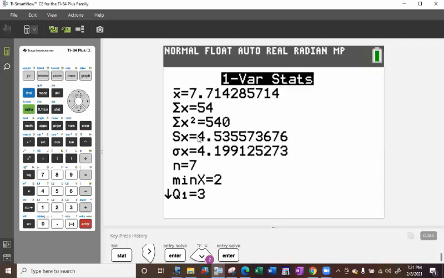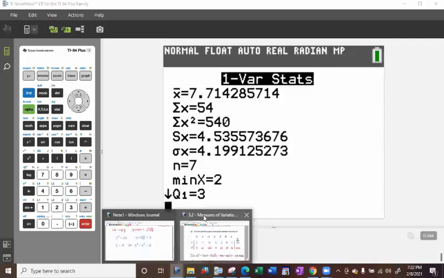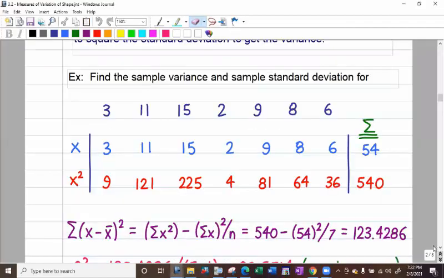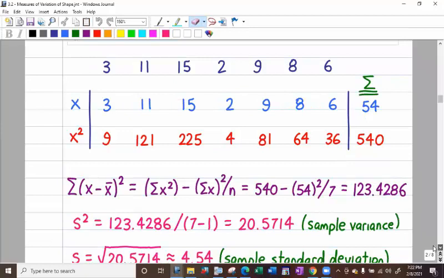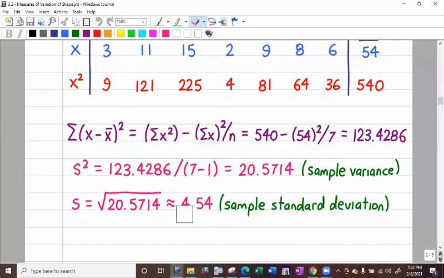It's the Sx. So it's the 4.355 whatever. And let's see if that's what I have here. 4.355, that's just rounded.